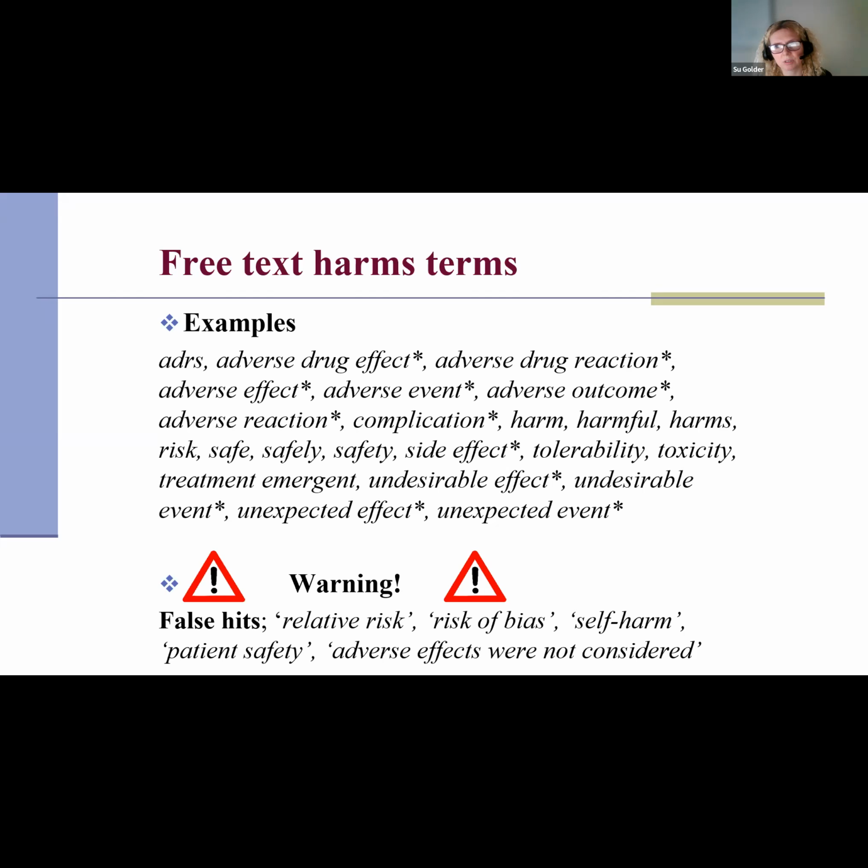So I tend not to use it very often. Harm brings about lots on self-harm and so forth. And safety a lot on the larger topic of patient safety. And then I still get papers saying adverse effects were not considered, or adverse events were not considered, or we didn't find any adverse events.